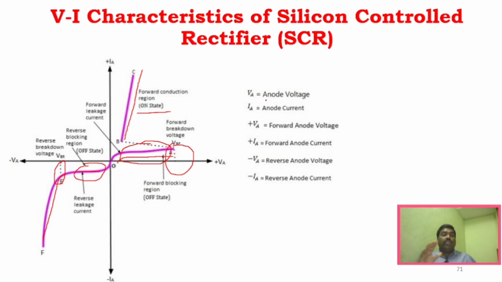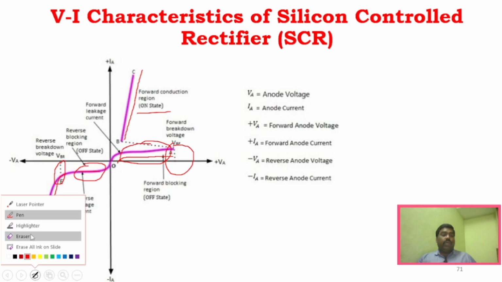And you have to understand one thing here. The question can be asked to explain the VA characteristics of SCR alone, right? Instead of working, if they ask you to explain only the VA characteristic of the silicon controlled rectifier, you can explain this same graph, with the working, right?